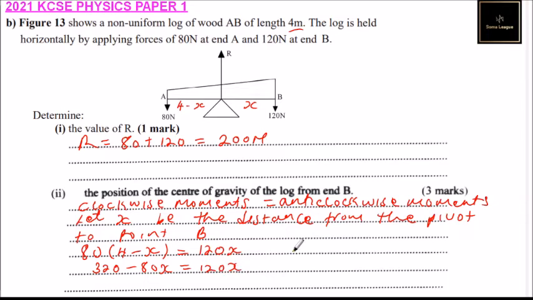You take 80x to the other side, so you have 320 equals 200x. You divide both sides by 200, so x should be equal to 1.6 meters. So that is the distance from the pivot to point B. We go to the next part.